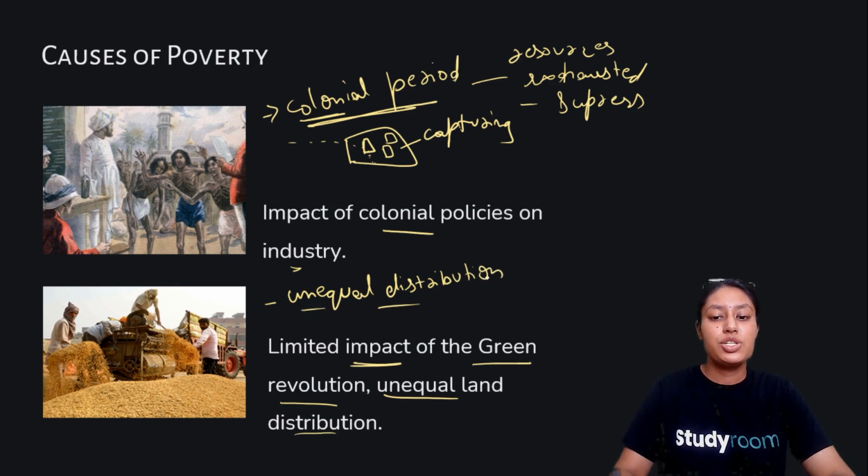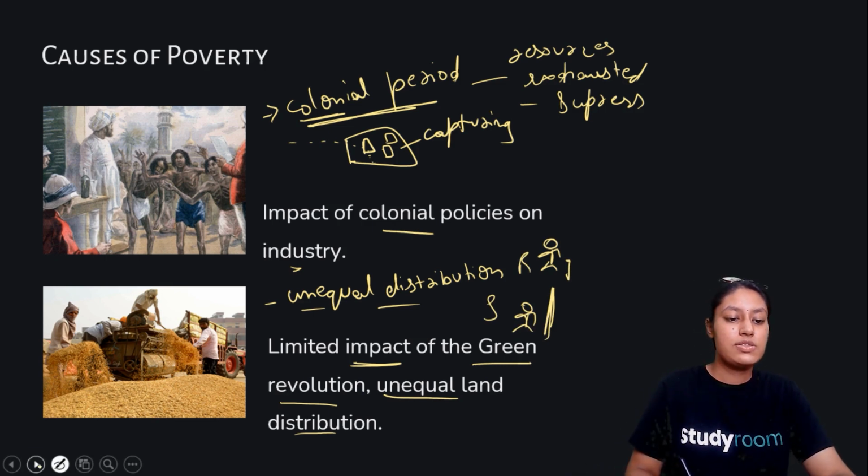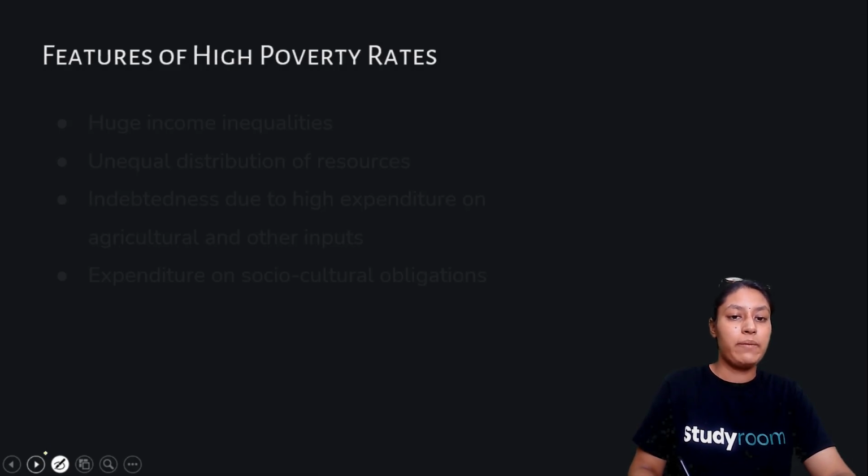Continuing with the example, we have one person Suresh and one person Ram. Ram has less money and Suresh has more than required. This is the result of unequal distribution of resources. So these are the major causes of poverty.